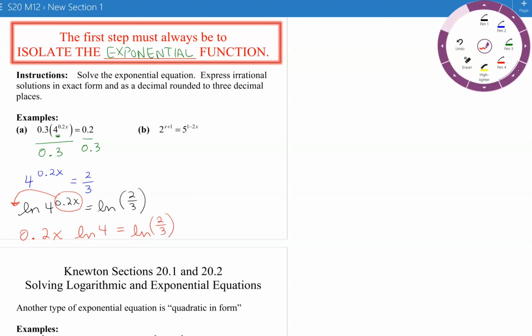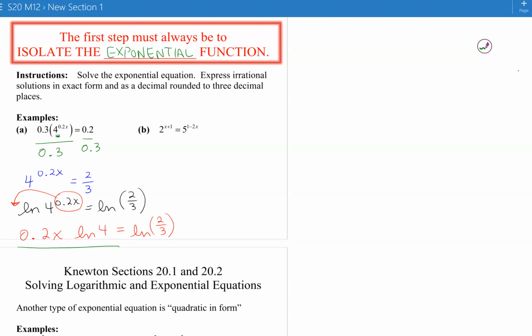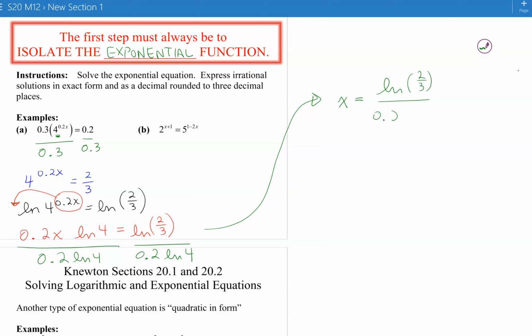Then I'm trying to get the x by itself, so I'm going to divide by 0.2 ln of 4 on both sides. So now I have x by itself on the left, and I have the ln of 2/3 over 0.2 ln of 4.